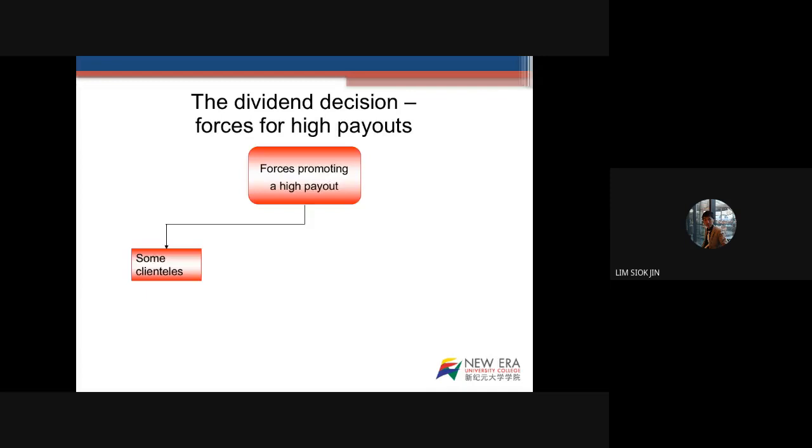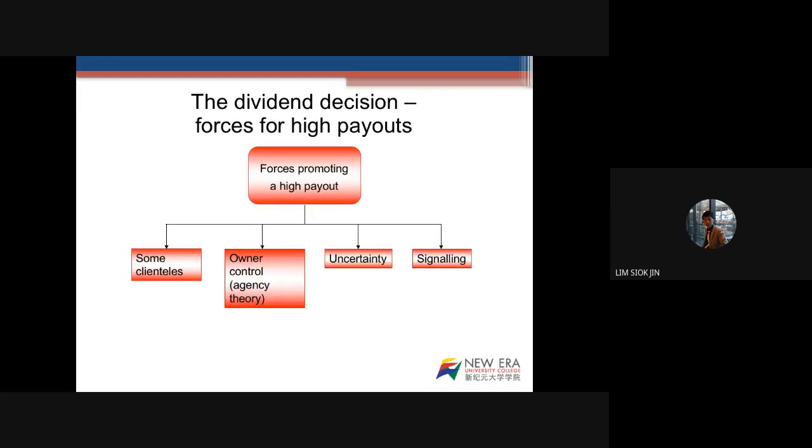Okay, so what is the reason for owners to request a high payout? The main one that you can see here is owner control. When the owner demands a high dividend, that means they set a high and difficult mission for the manager.